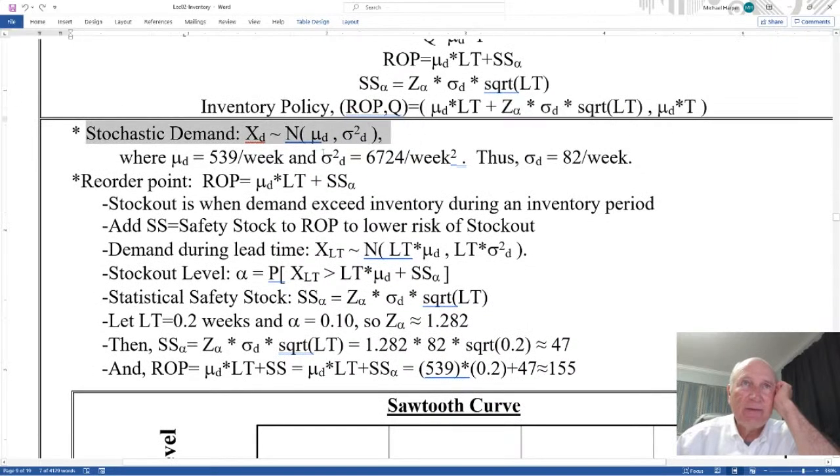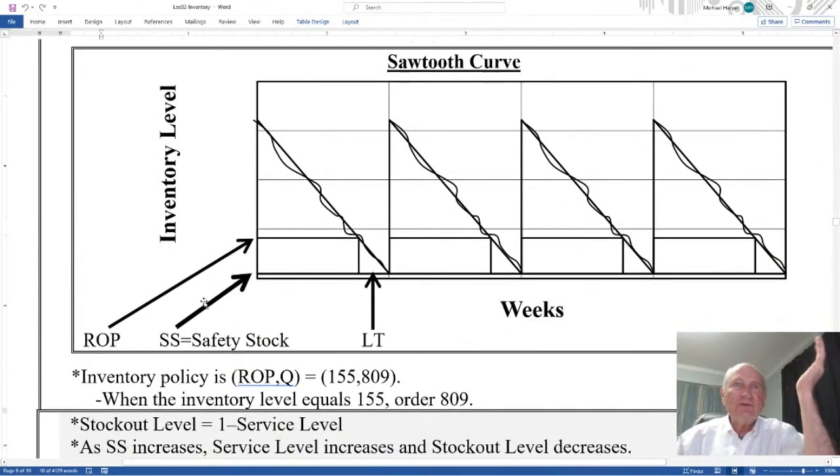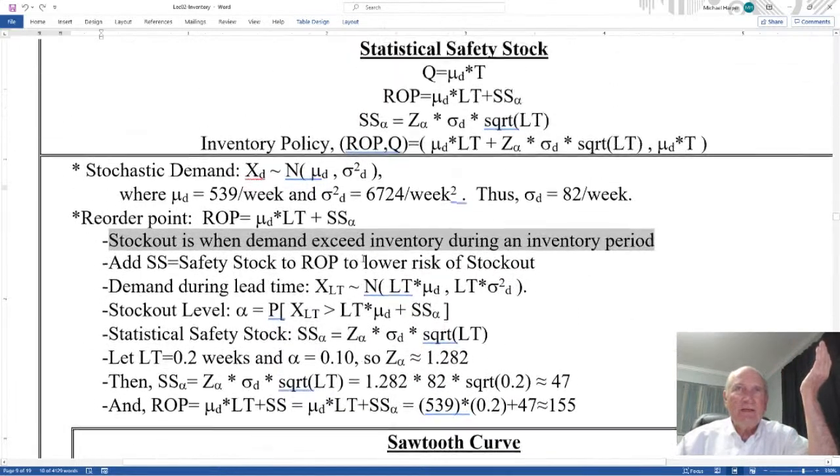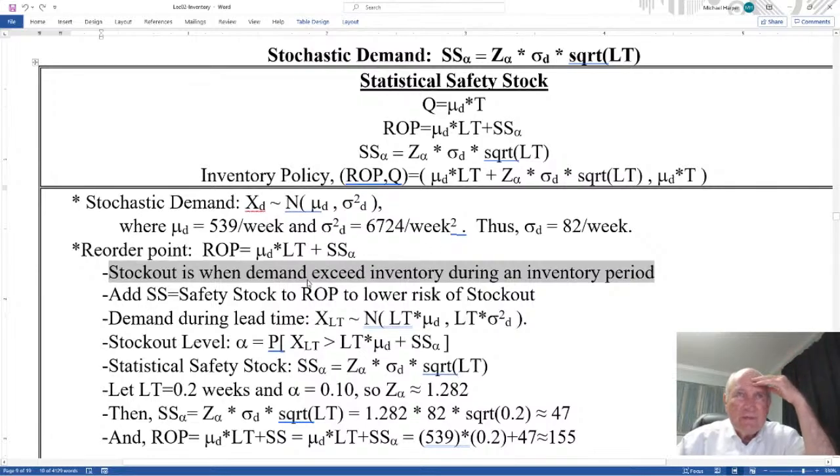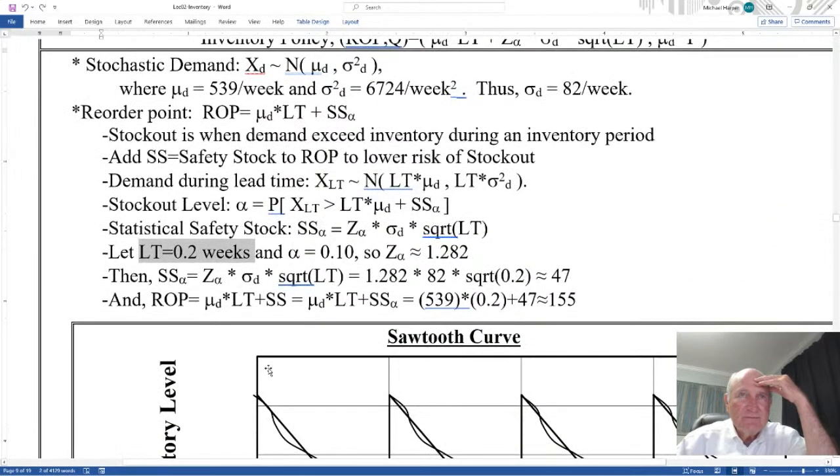here's my stochastic demand, here's my reorder point. So the stock out happens when the demand exceeds the inventory during the inventory period. For example, suppose my ROP is 155. And my lead time, what's my lead time? Right here, lead time is 0.2 weeks.